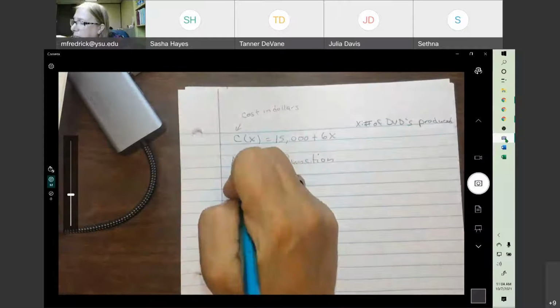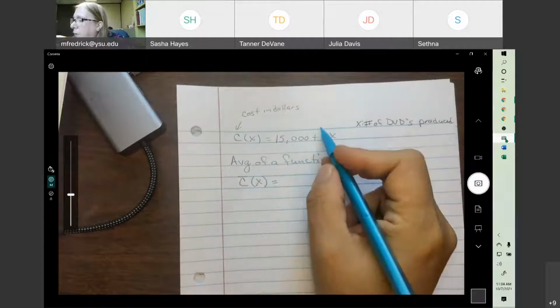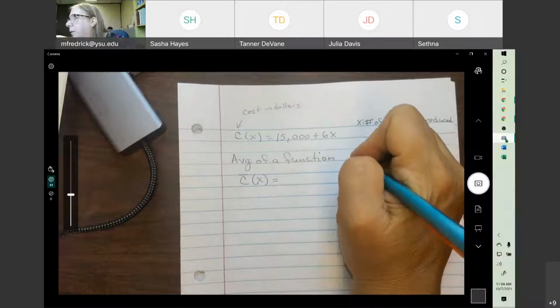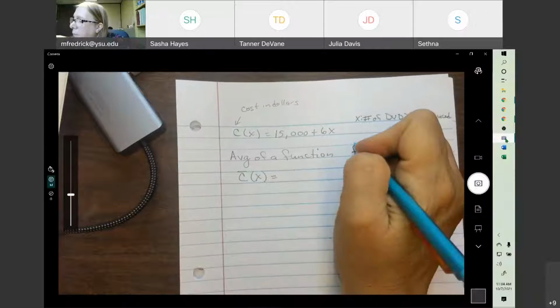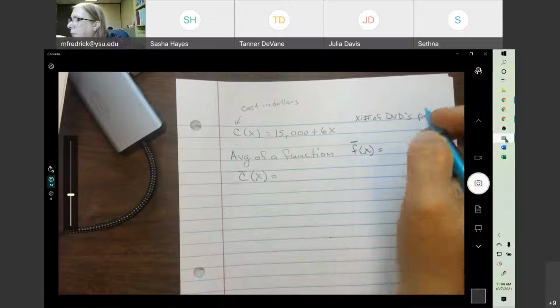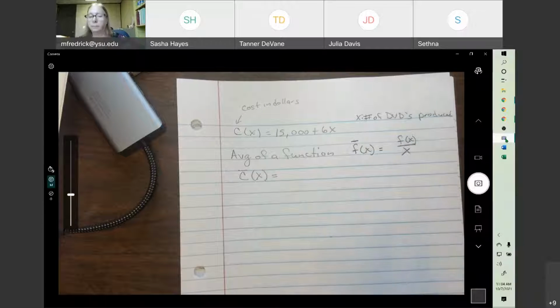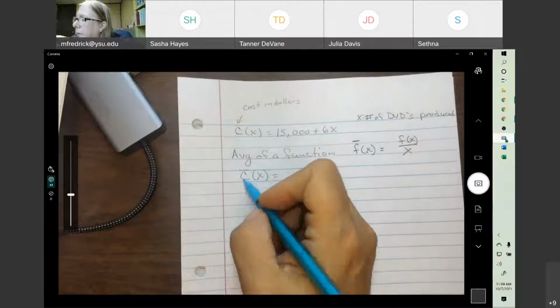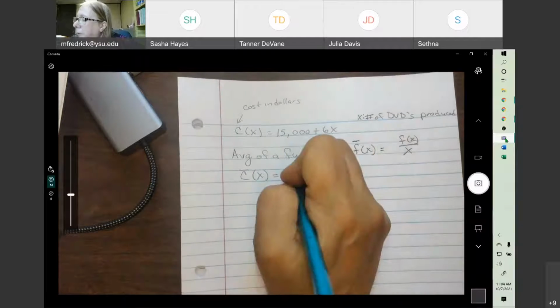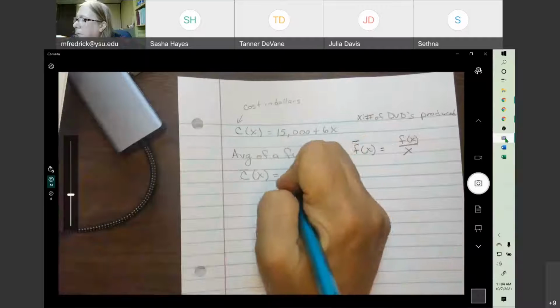The average cost, you take your function, so for the formula, average, they put a line over the variable, so there would be a line above your function, and that equals the function divided by x. So for this function, the average, you would just take the function and divide by x.